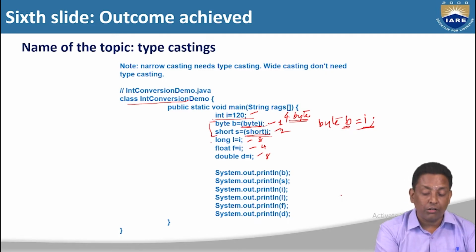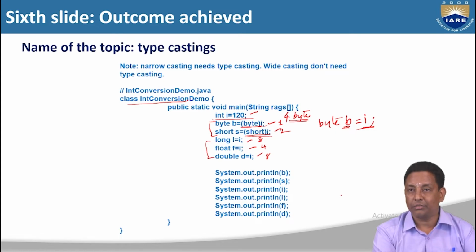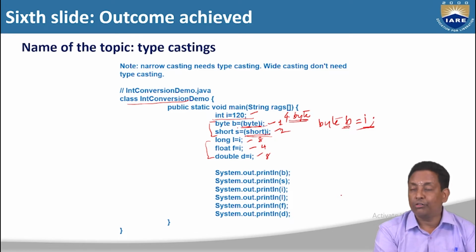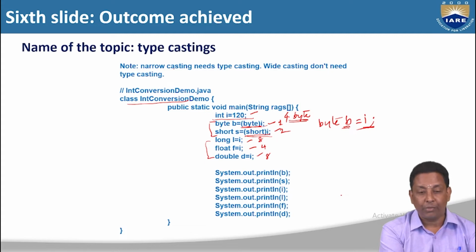But to assign a lower value to a higher value, like int to long, which is higher, int to float, which is higher, int to double, which is higher, we don't need any typecasting. But to convert a higher value to a lower value, we need typecasting. That is why at the top I mentioned narrow casting needs typecasting, wide casting doesn't need typecasting.